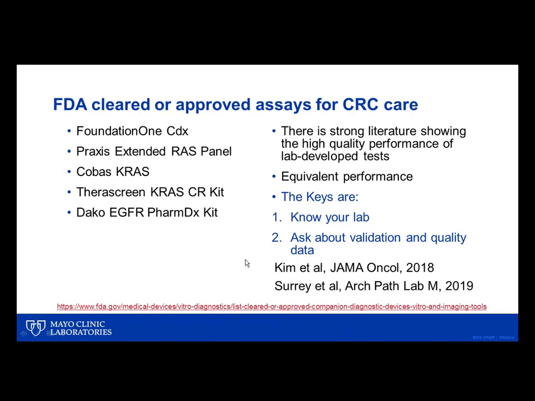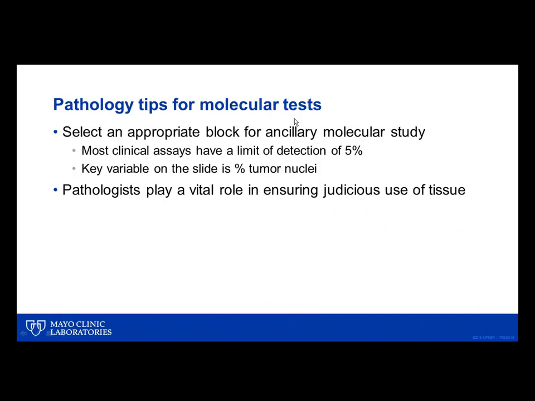I think there are important tips for pathologists who are going to be participating in the molecular testing workflow. It's important that pathologists understand their role to select an appropriate block for ancillary molecular study. While molecular tests are incredibly powerful, they require an excellent pre-analytic phase, where pathologists will identify material that will include appropriate amounts of tumor and avoid, where possible, too much normal.